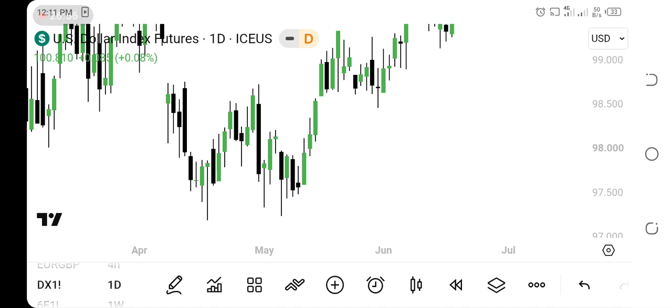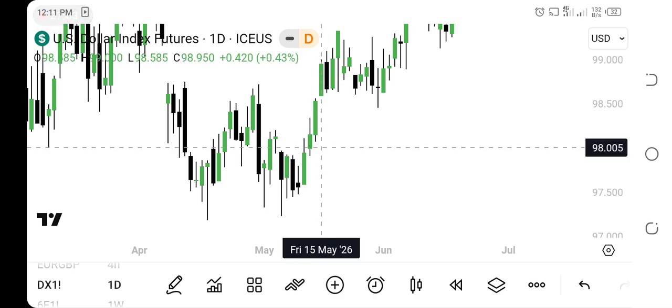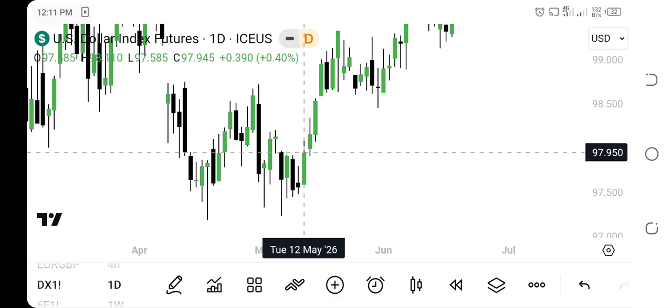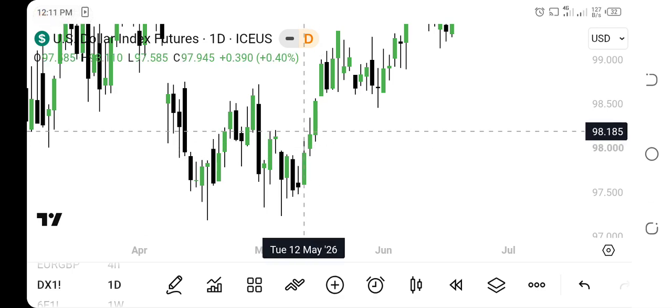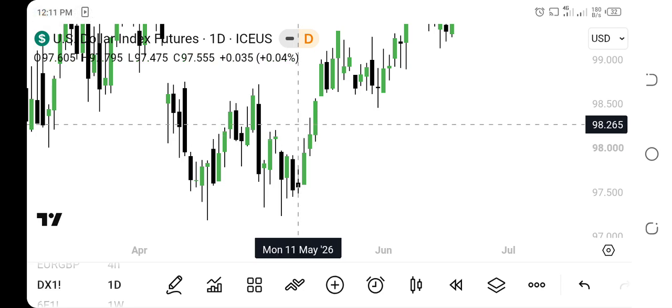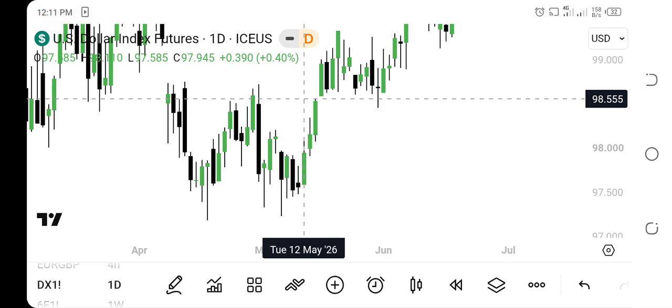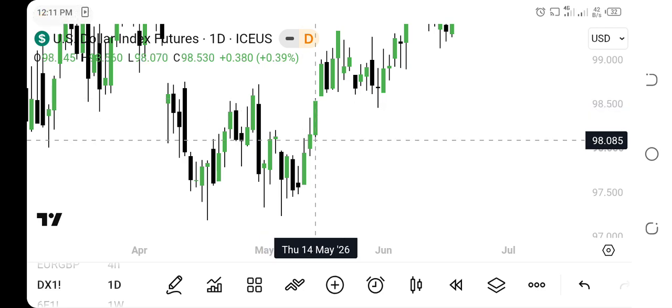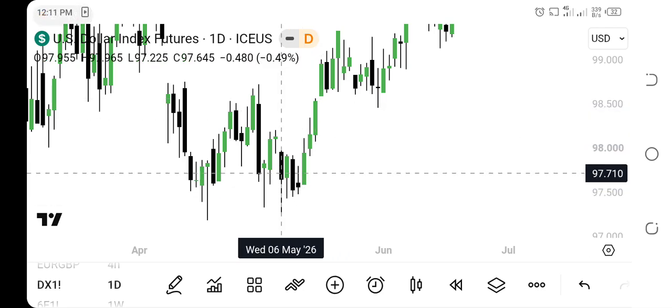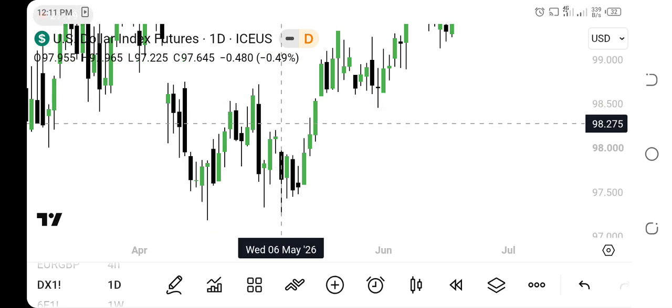You can check the difference between your brokerage levels and any other brokerage level. You'll see there is disparity, especially in the wicks. The bodies tend to agree across brokerage firms, but the wicks don't agree. They won't have the same price level. The open, high, low and close will be distorted. So I use the futures price action because it gives me the clearest point to draw my levels and see my levels respected. So that's why I'm using that.